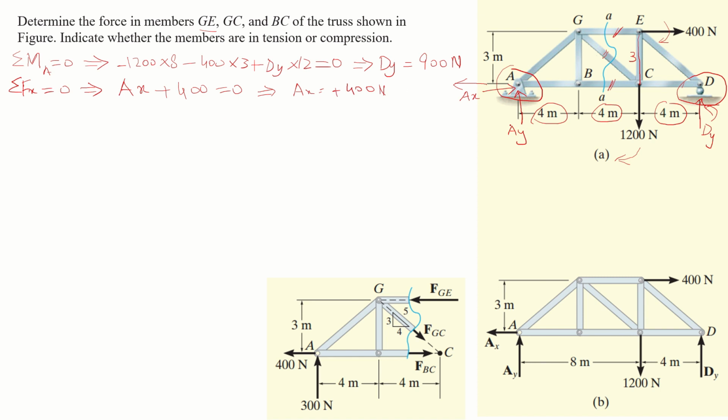So in the next step we will find the value of ay. We have the equation of sum of forces along y-axis is equal to 0. This implies that we have the forces in y direction: ay minus 1200, minus sign is for that it is on the downward side, and plus dy.